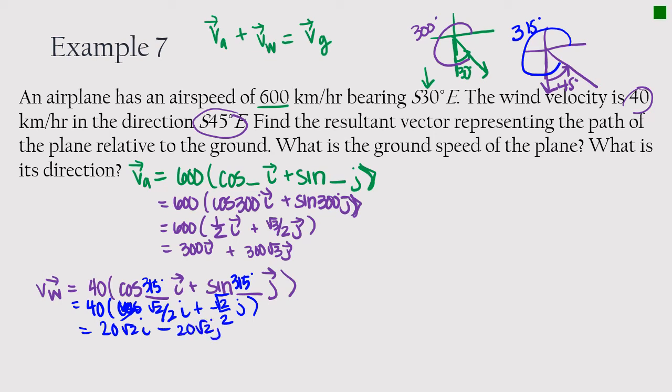Okay, so I've got my airspeed, my wind speed. So now to figure out my ground speed, I'm going to add those two together. Oops, V of A plus V of W. All right, so when I add these two, you're going to get 300 plus 20 root 2 i.